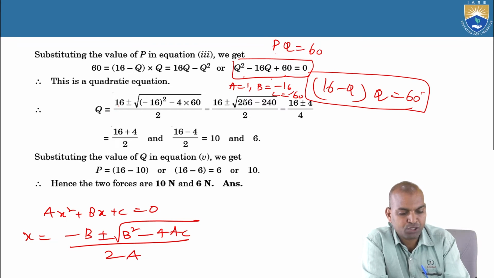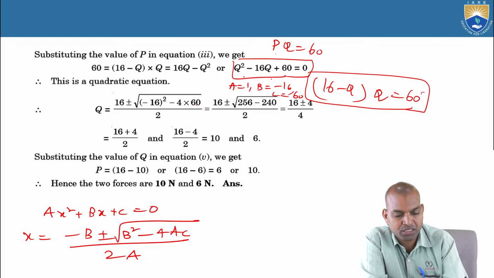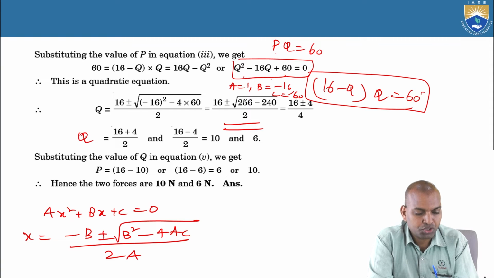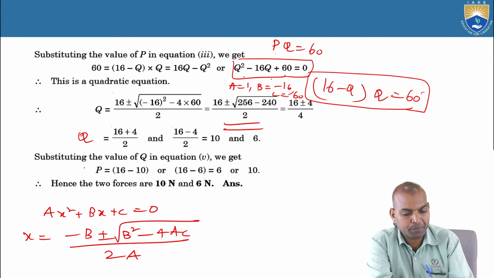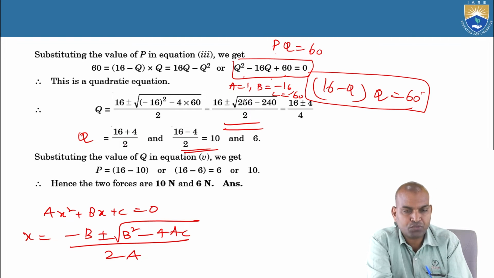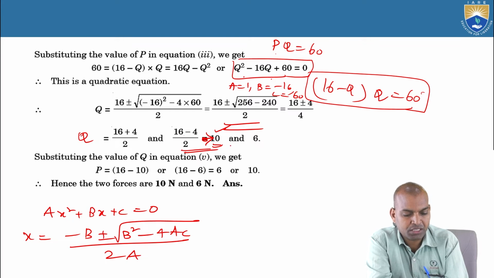Substitute: minus b, plus or minus the square root of b square minus 4ac, divided by 2a, that is 2 times 1. So the values obtained for q are 16 plus 4 by 2 and 16 minus 4 by 2. 16 plus 4 is 20, by 2 is 10. And 16 minus 4 is 12, by 2 is 6.